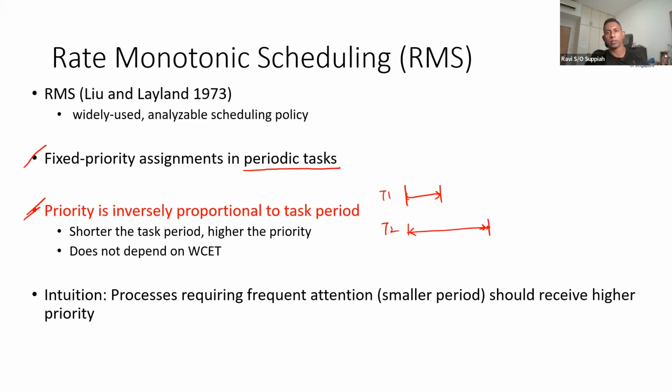With that very basic thinking, we follow the rule that priority is inversely proportional to task period. So a task that has a shorter period implies a higher priority, and if it's a longer period, then it's a lower priority.